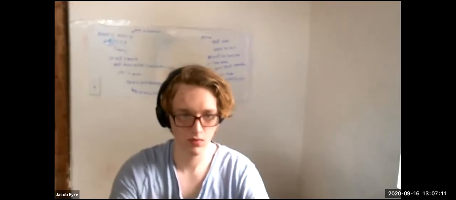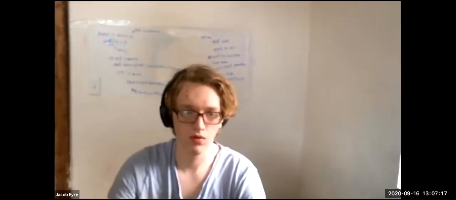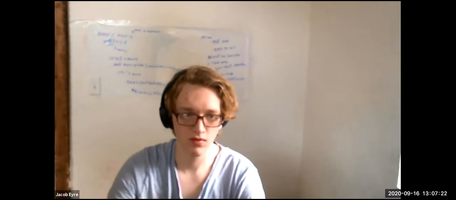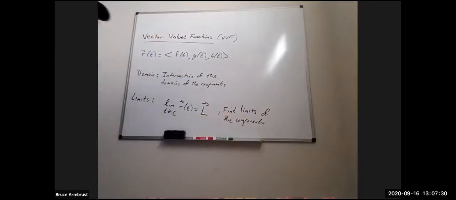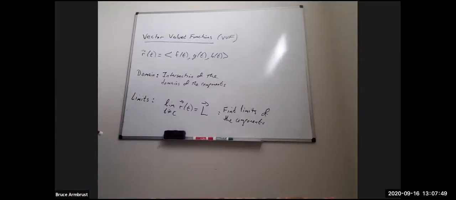And this limit vector is found by finding the limits of each of the components. We did one last time that involved a little L'Hopital's rule for practice. But basically, we're doing exactly the same thing we did for regular old functions. We're just doing it multiple times, one for each of these. So that's where we got.